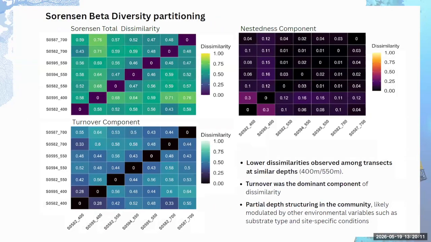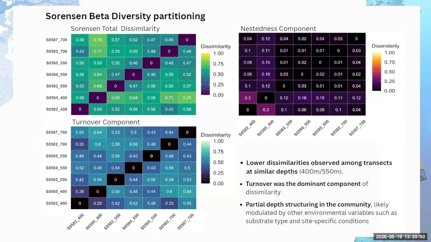And this slide might probably be the most important slide or finding from this study, because we found out that species turnover was the dominant component in the beta diversity partitioning compared to species nestedness. There are some hypotheses. If you read papers on deep sea macroecology by Rex or maybe McClain, there's a source-sink hypothesis saying that in the deep sea you have the source in the upper layers, and in the bottom layers you have the sinks.